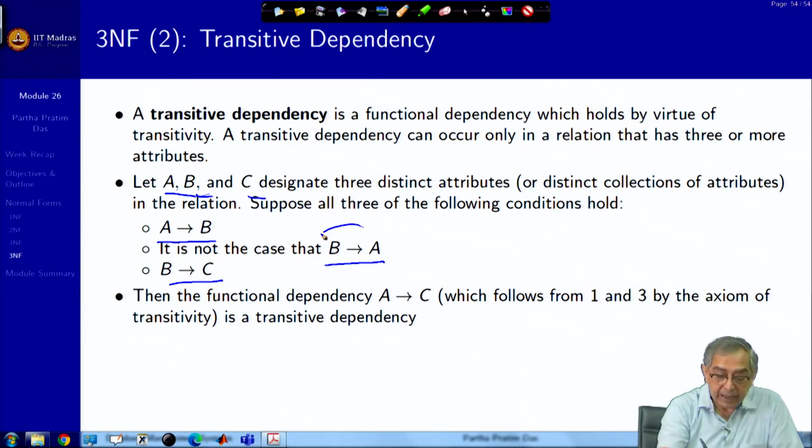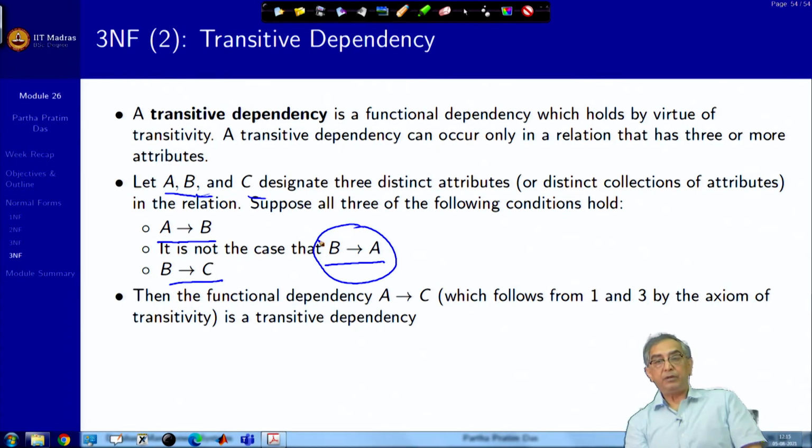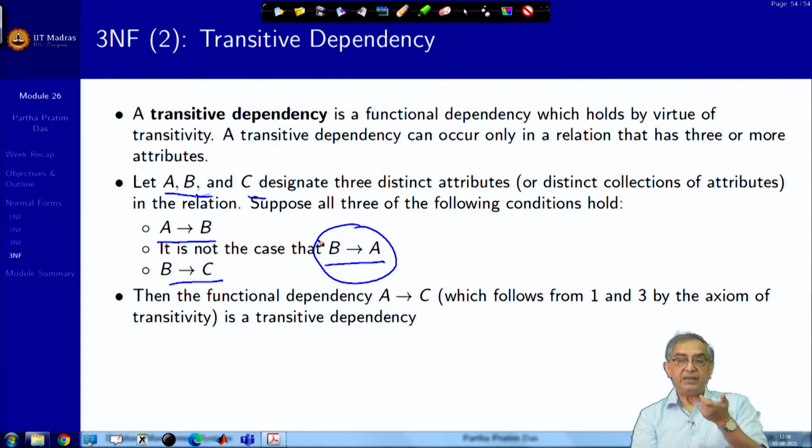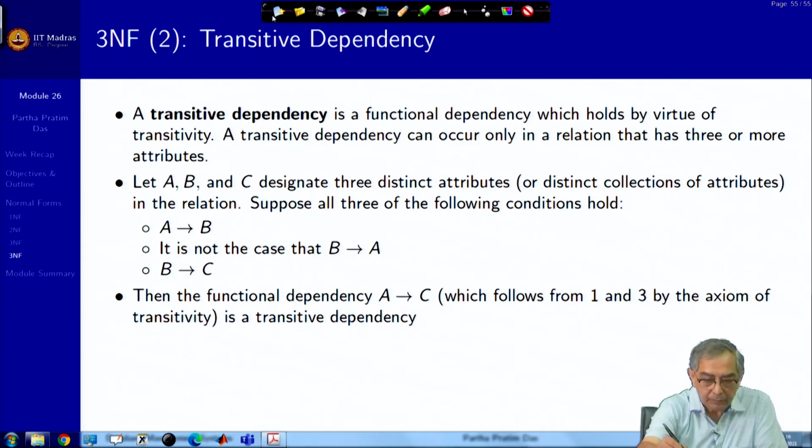Mind you, this second condition is important for a transitive dependency, because if A determines B and B determines C, then it necessarily means that these are equivalent attributes. They are strongly tied together. So, it is not a case of, because then B determines C is also A determines C anyway. It is not happening just because of the transitivity.